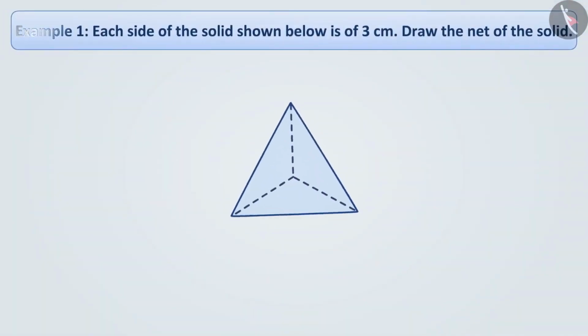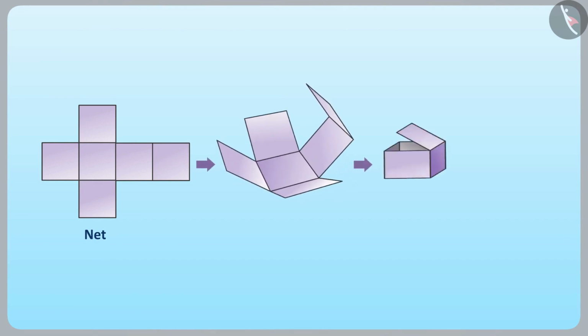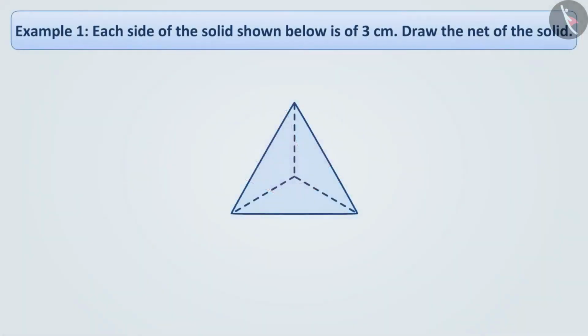Each side of the solid shown below is of 3 cm. Draw the net of the solid. Net is a skeleton outline or framework made in 2D which, when folded, results in a 3D shape. Let us draw the net of the solid shape shown.